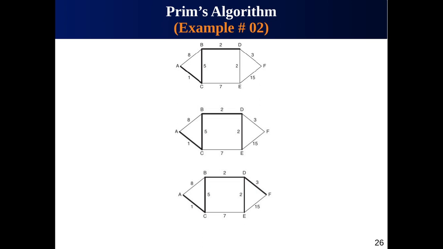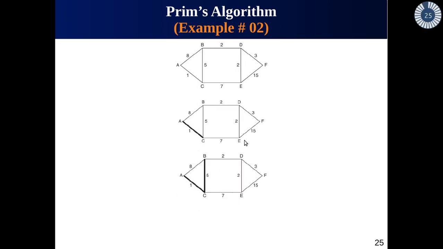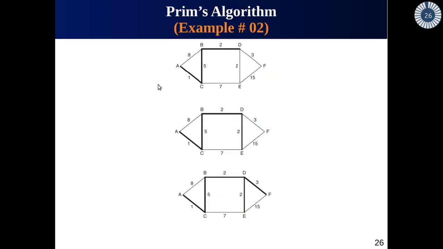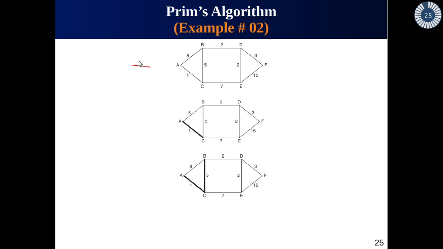If you are given a connected and undirected graph like this, a spanning tree of this graph is actually a subgraph, or you can say a tree, which connects all the vertices together.